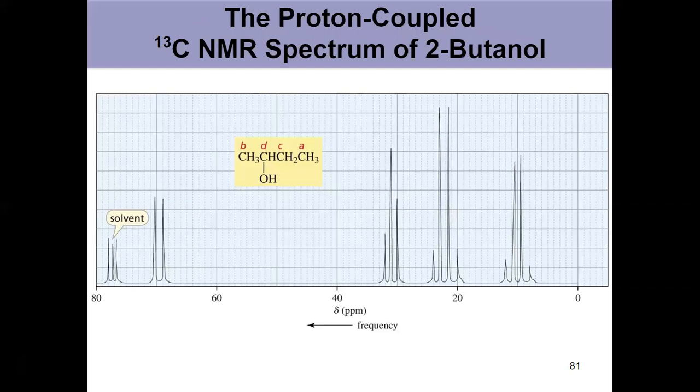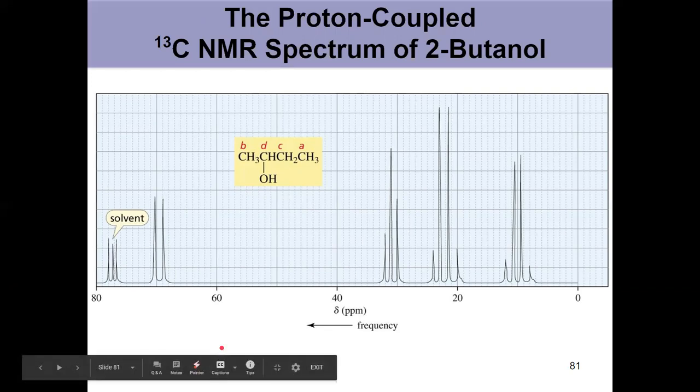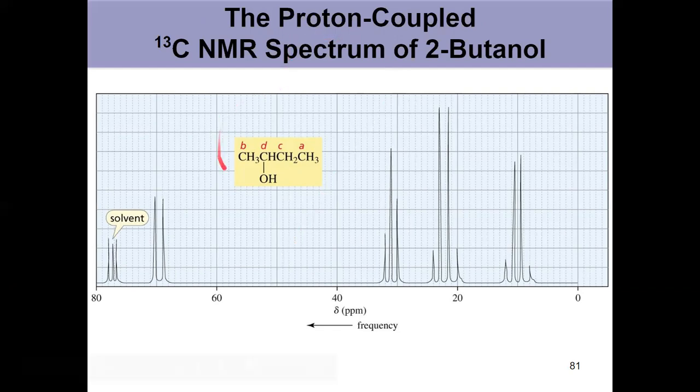If you did want to get some information about the hydrogens, you can do that. It's called a proton coupled carbon NMR spectrum. So we've now told the computer to couple the carbons to the hydrogens, 2 different types of nuclei. It's called heteronuclear coupling. And what this will do is split the carbon NMR peaks based on the hydrogens that they're directly bonded to.